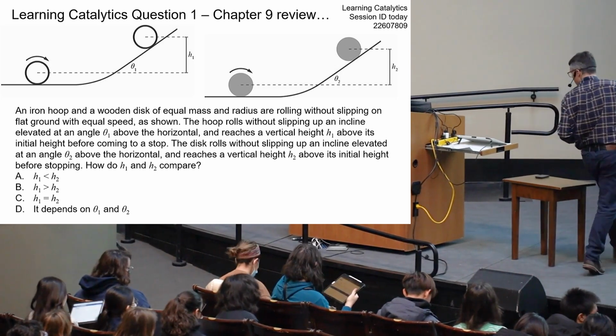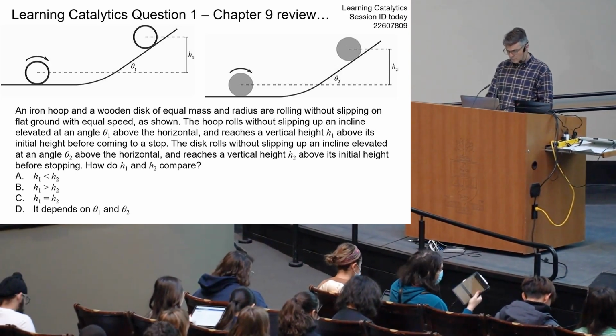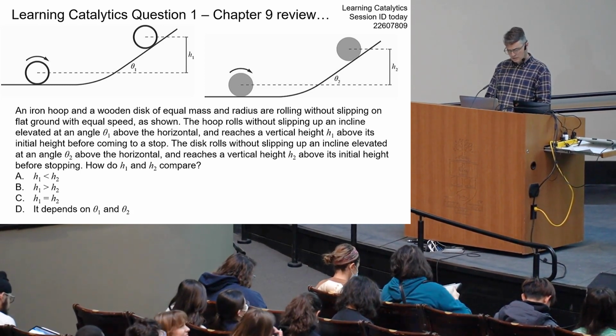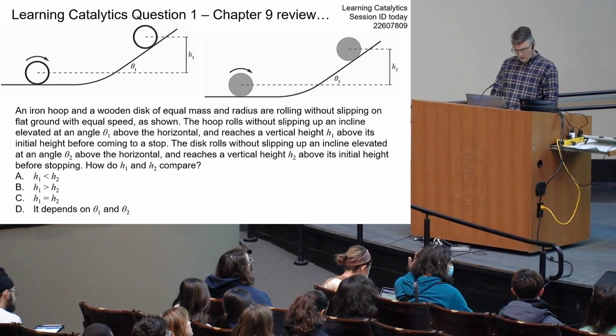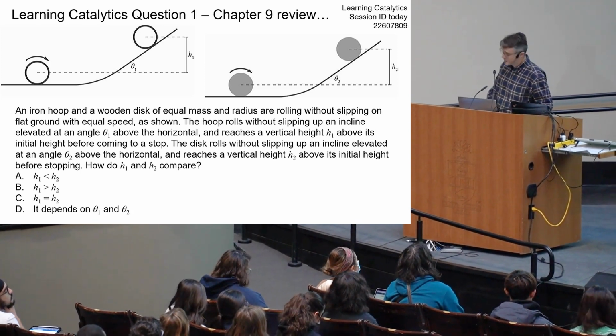Yep, question? Answer A is broken. Oh, that's weird. I'm getting 39% of you have answered it, according to this. Oh, I see. It doesn't say what it's supposed to say. What A is supposed to say is h1 is less than h2.